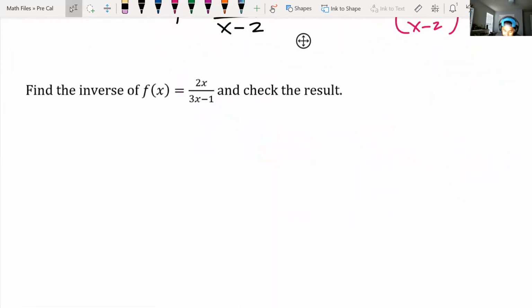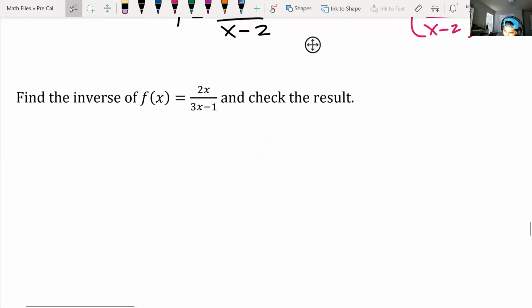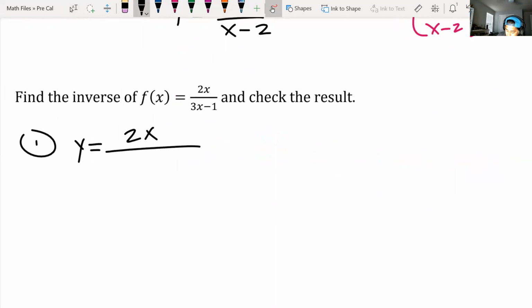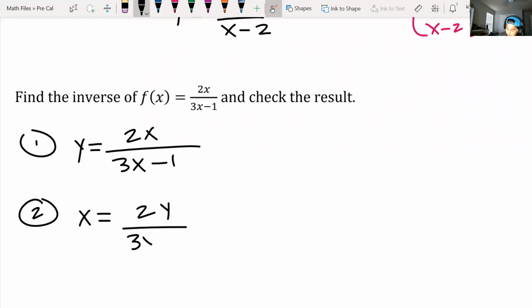All right, one more. Let's do it. Well, there's more, but this is the last one here. Step 1, y equals 2x over 3x minus 1. Step 2, interchange. x equals 2y over 3y minus 1.